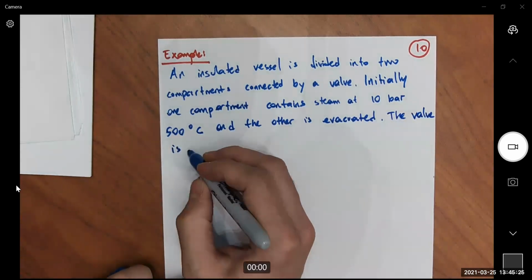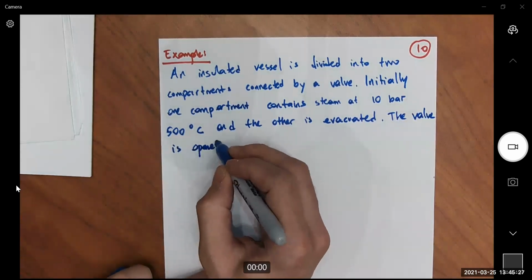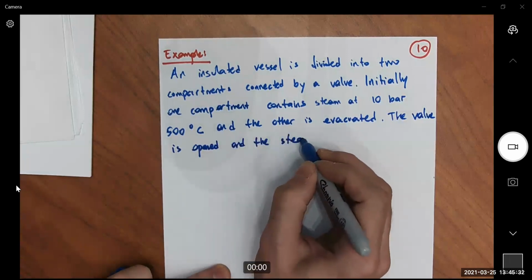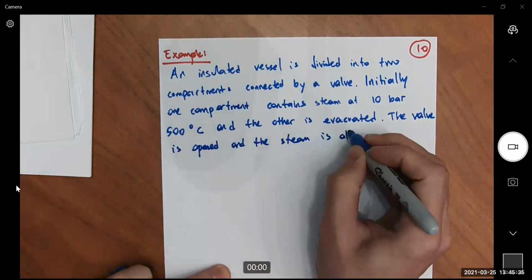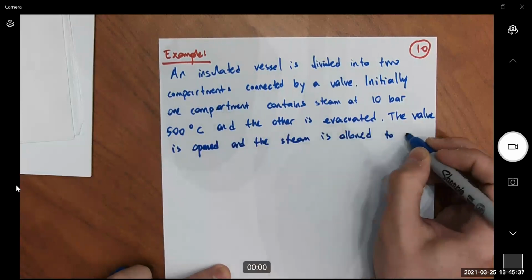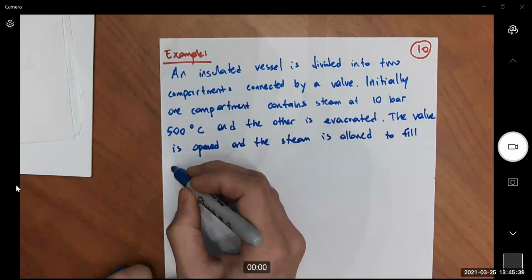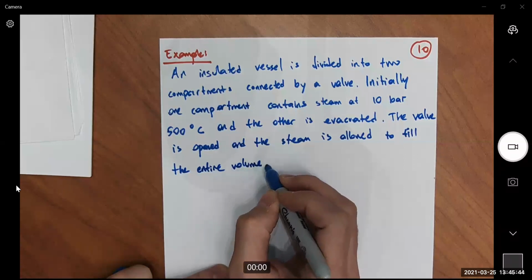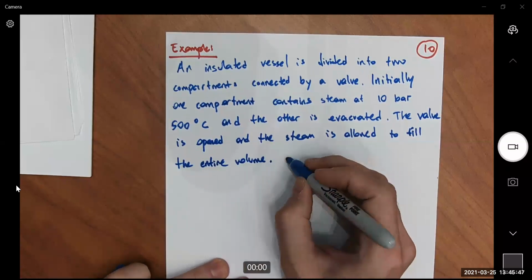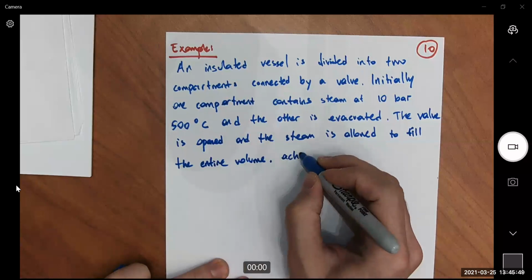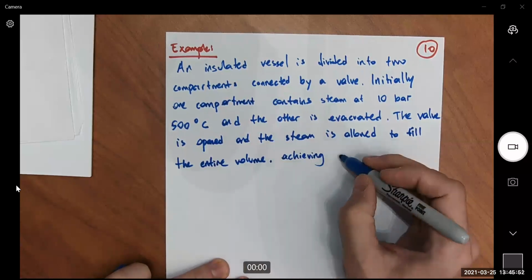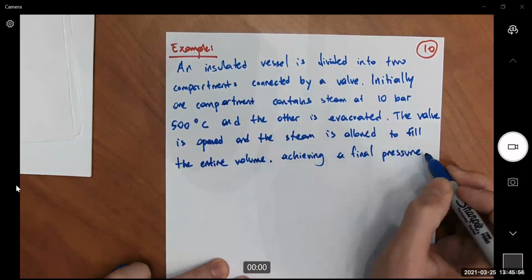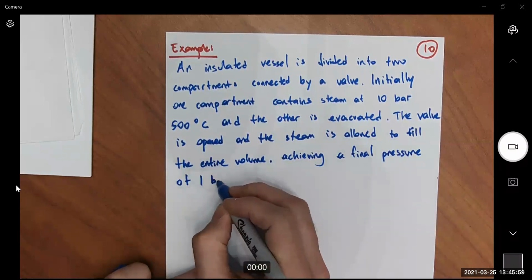The valve is opened and the steam is allowed to fill the entire volume, achieving a final pressure of 1 bar.